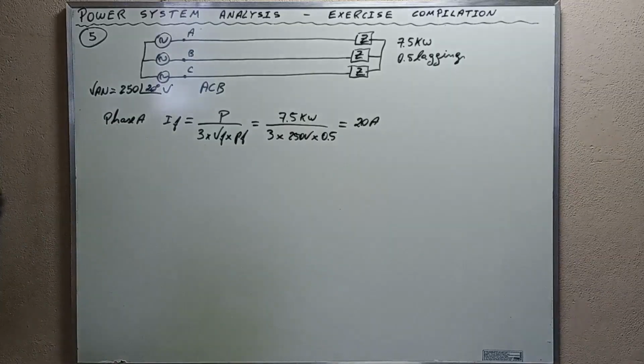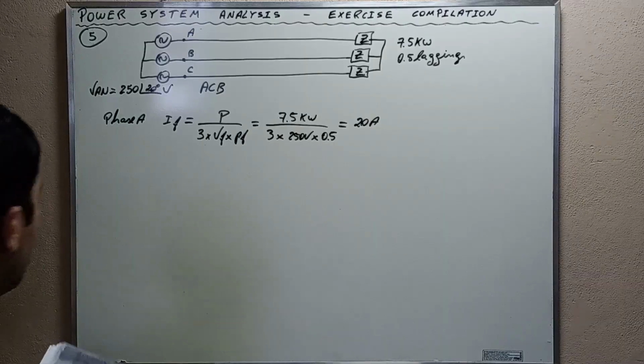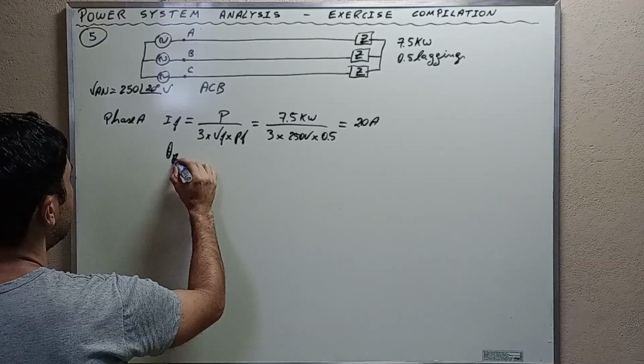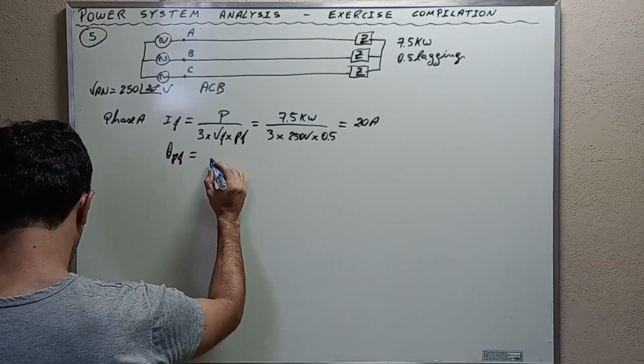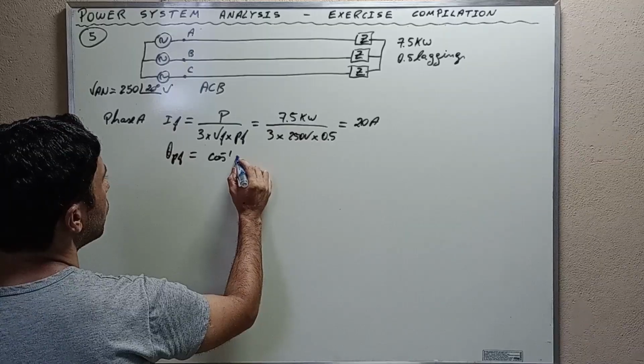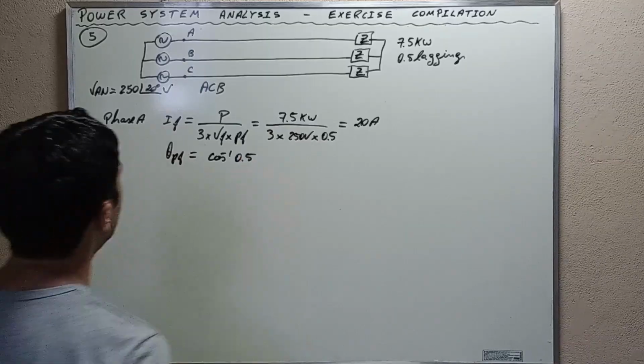Now let's work with the angle. The angle of the power factor is equal to the inverse cosine of 0.5, okay?